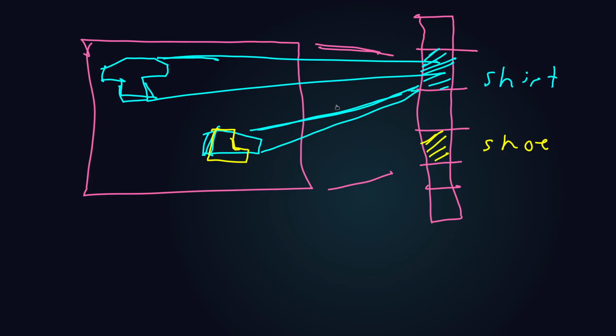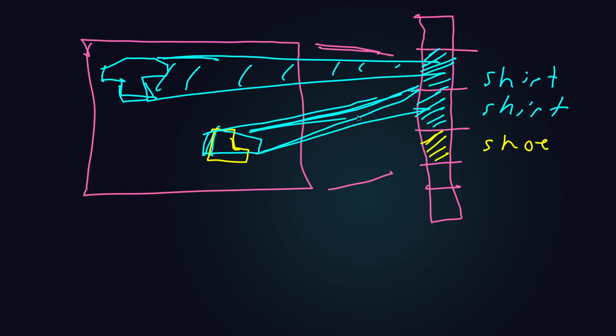So what we actually need is another unit. Okay? We need one unit with weights that specifically connect this shirt shape to this unit, and then we need another shirt unit to detect shirts right here, right? And then we potentially need, by the same reasoning, a bunch of shoe units to detect all the different places that a shoe could be and all the different orientations that it could have, right?